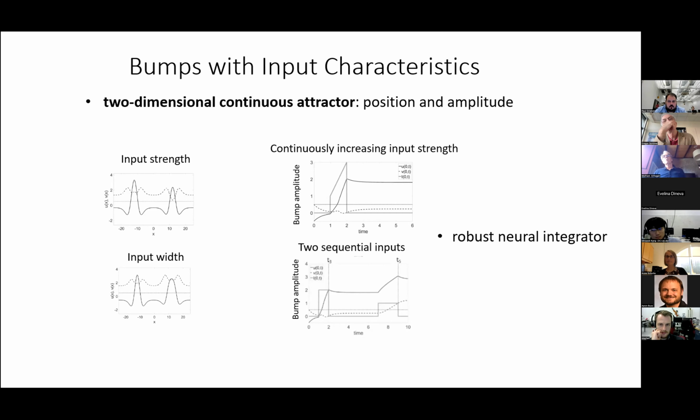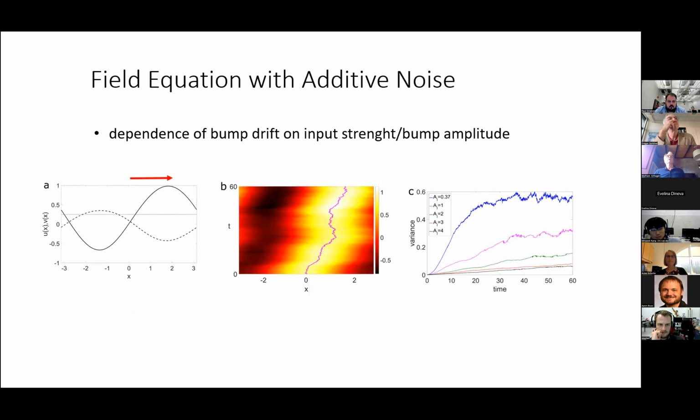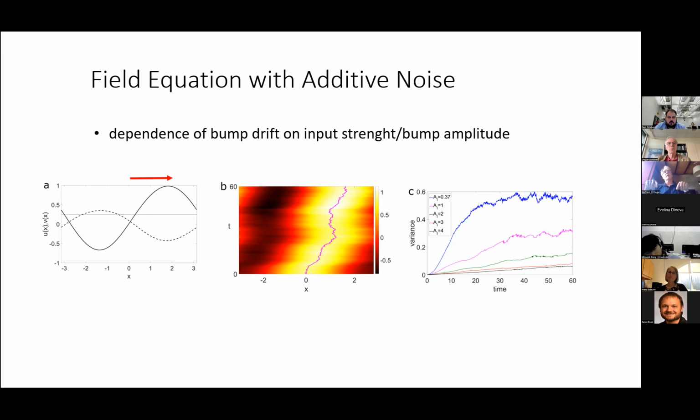Now, to show a difference to the Amari equation, we did this in detail to compare, because you can use the same parameter settings, look at the U equation of the two-field model, and then couple it with a V equation and show the difference. It's well known that if you add additive noise, especially correlated additive noise, to the Amari equation, a bump will start to drift.